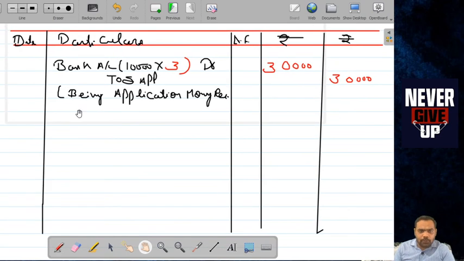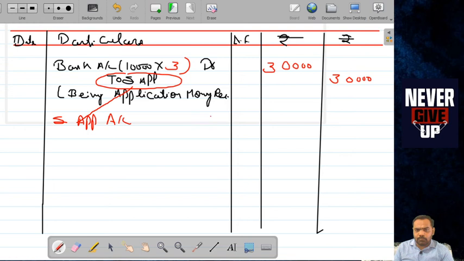Total value is 30,000, and the second entry is, we convert the application money into capital. Then we cancel the share application account: share application account debit to share capital. Okay, and the amount is the same.